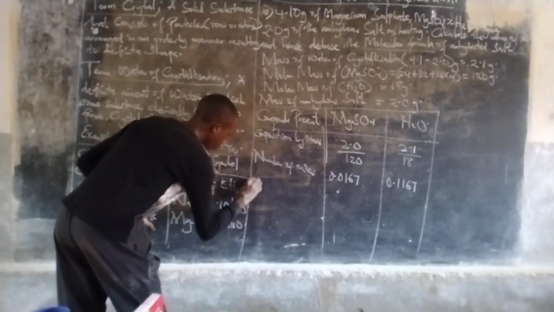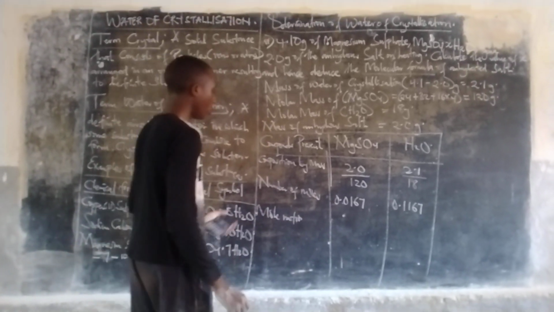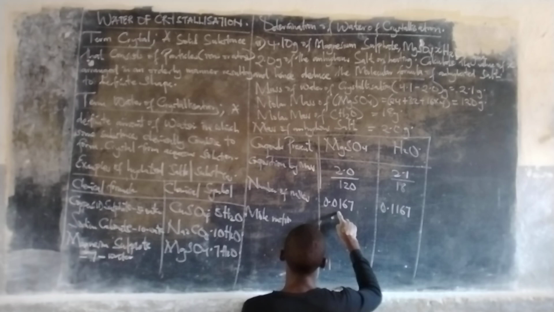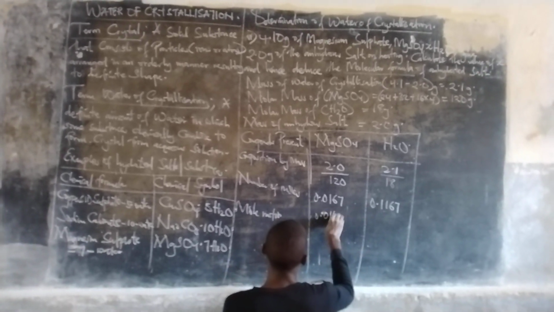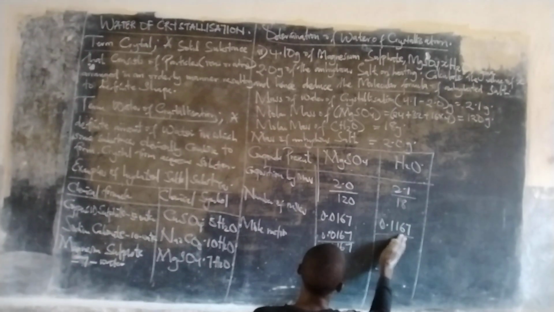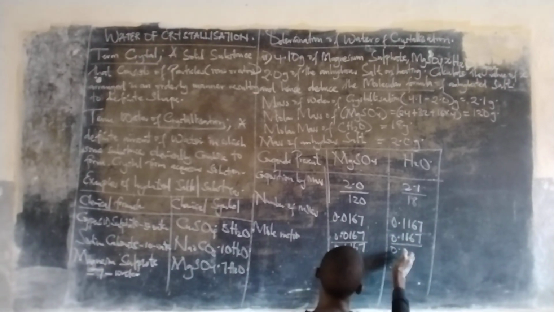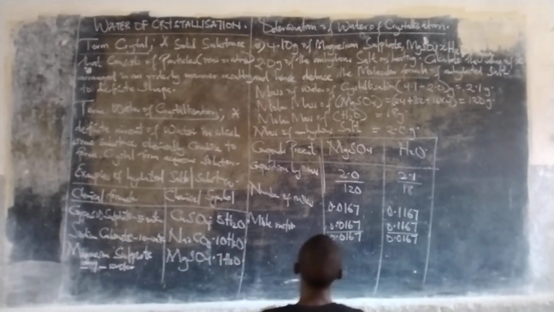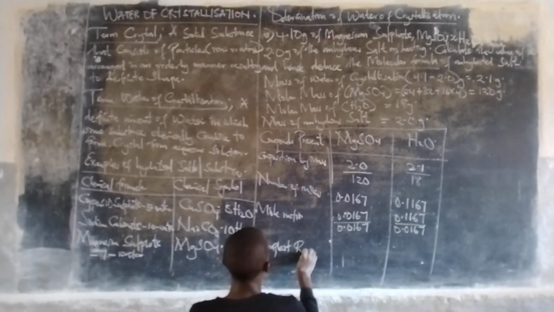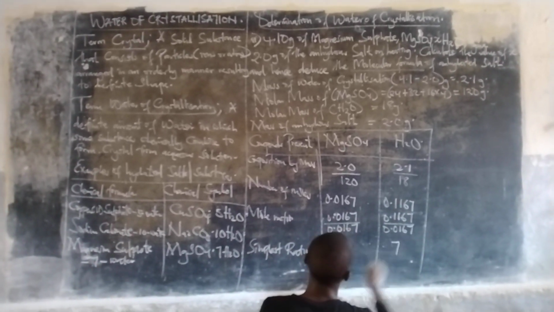Then we get the mole ratio. To acquire the mole ratio, we just divide the number of moles with its smallest mole. So here the smallest is this one, so we divide this by this smallest. So the simplest ratio will be 1, and then if you do this, it will give you 7.